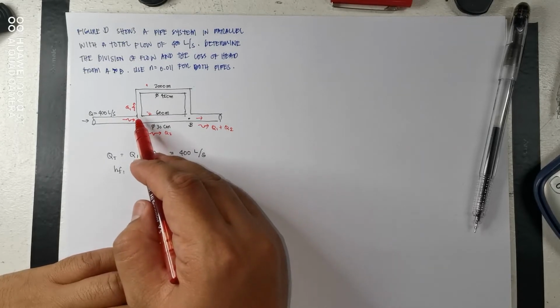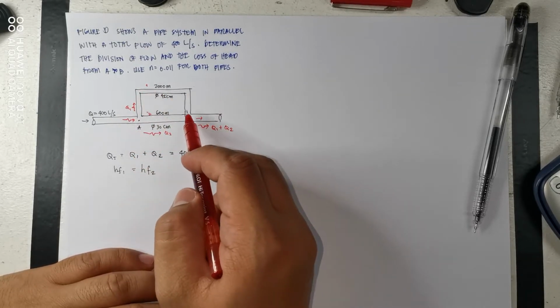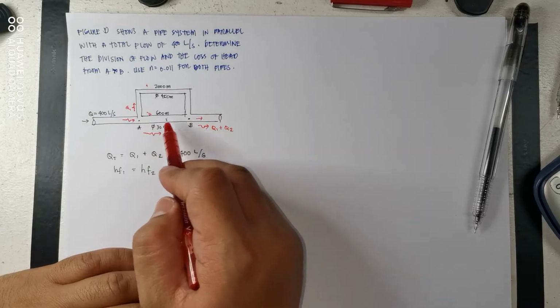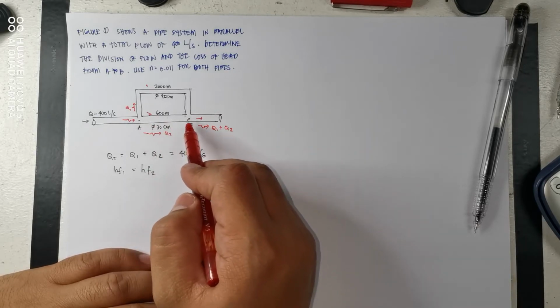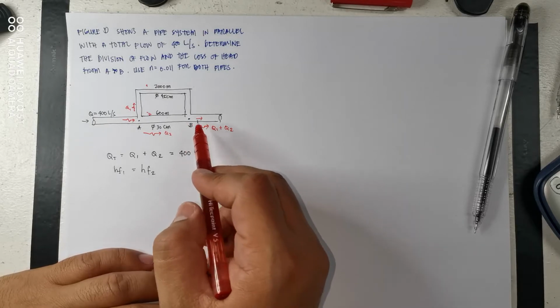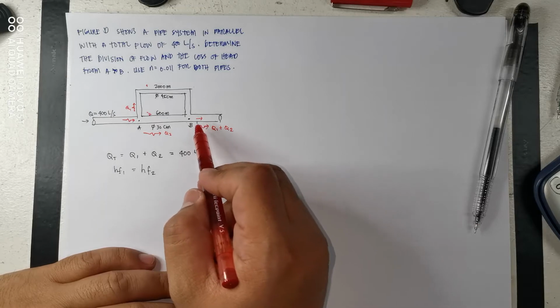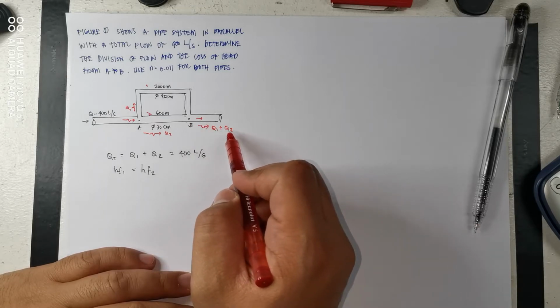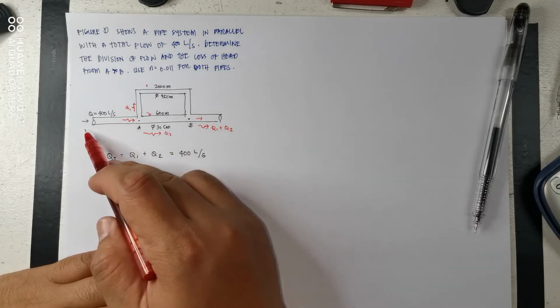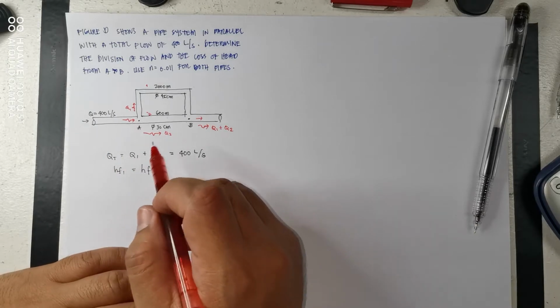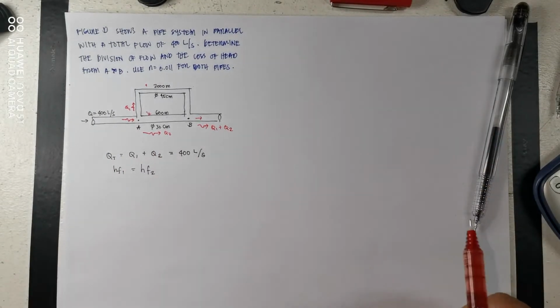Si Q1 will go through pipe 1 and then si Q2 ay mapupunta kay pipe 2. Then pag nag-meet ulit sila doon sa point B, syempre yung total flow is already Q1 plus Q2, which is also equal dun sa original input na flow, kasi wala namang nawawala, wala namang butas yung pipe.